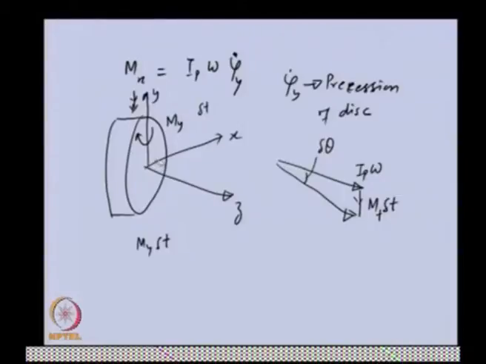In this particular case we have restricted the rotation of the disc about the y axis, and we are only allowing the rotation about the x axis. From this we can relate this vector, which is in the y direction, to the change in angular momentum due to this tilt.